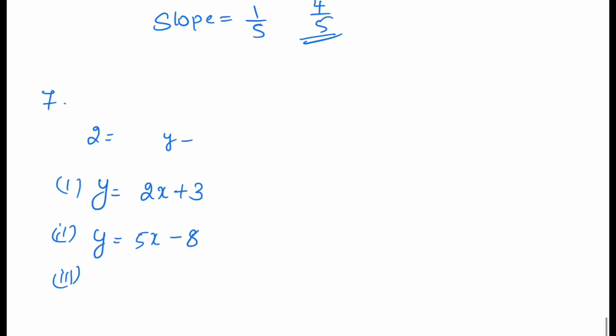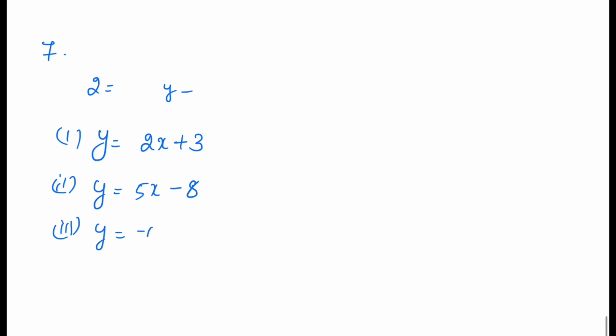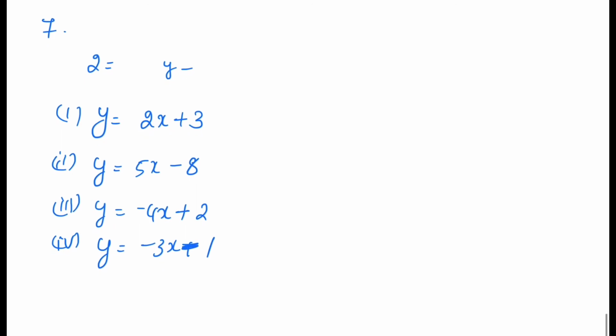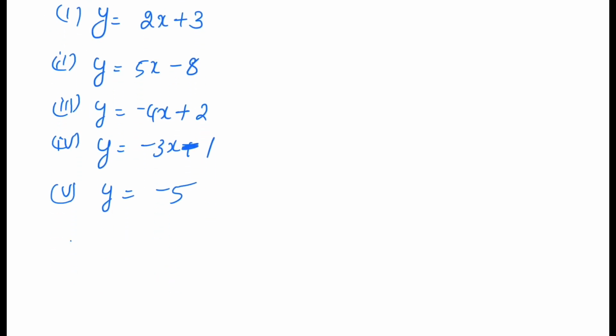Third one, y is equal to minus 4x plus 2. Fourth one, y is equal to minus 3x minus 1. Fifth one, y is equal to minus 5. Sixth one, y is equal to 0.